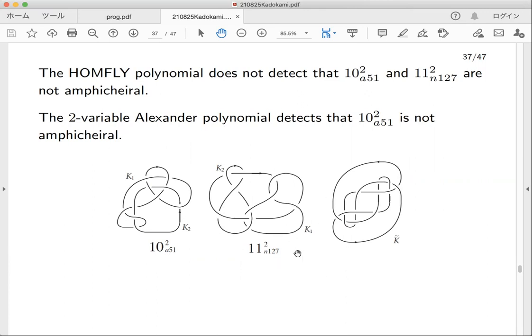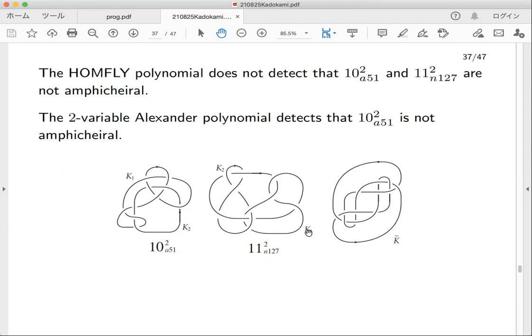And we could show this is not Amphicheiral by taking the twofold branched covering along the second component K2. This is a trivial knot.